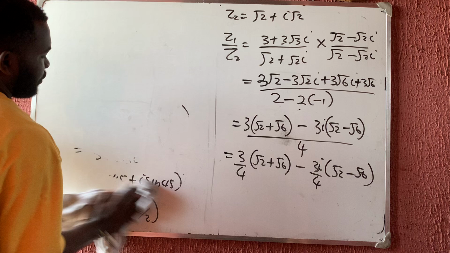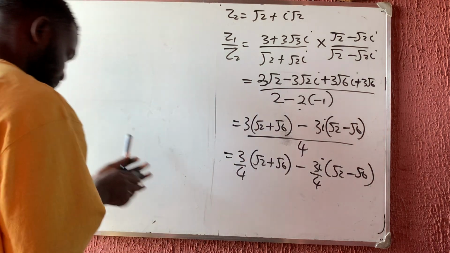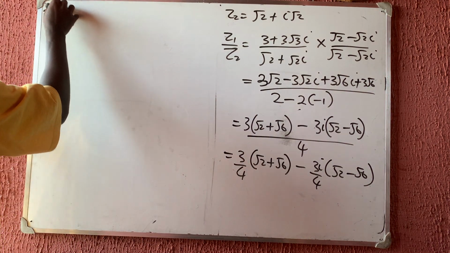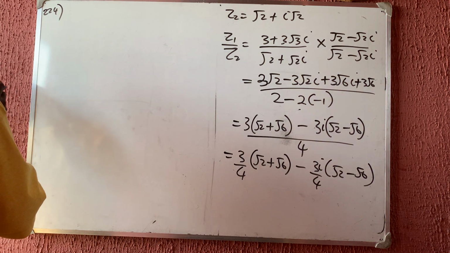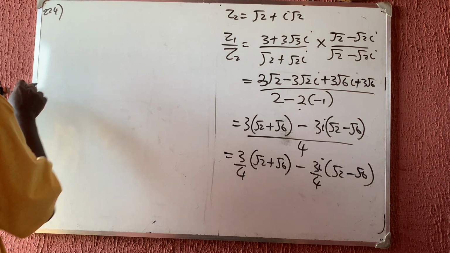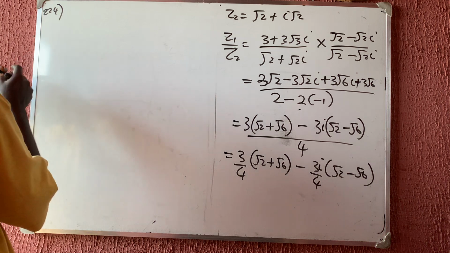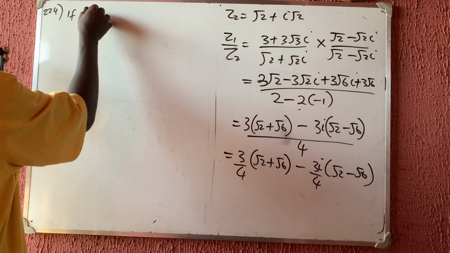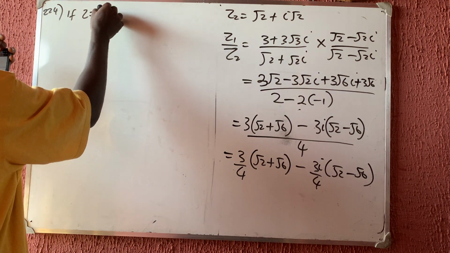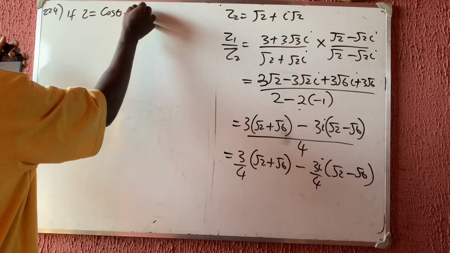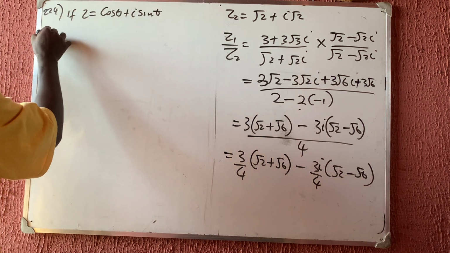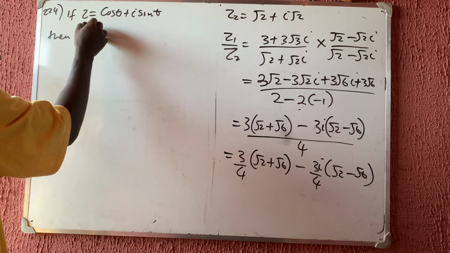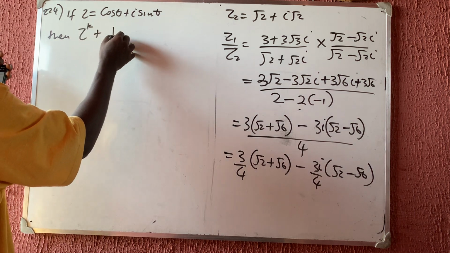Question number 224 said if z is equal to cos theta plus i sin theta, then we should find z raised to power k plus 1 over z raised to power k.